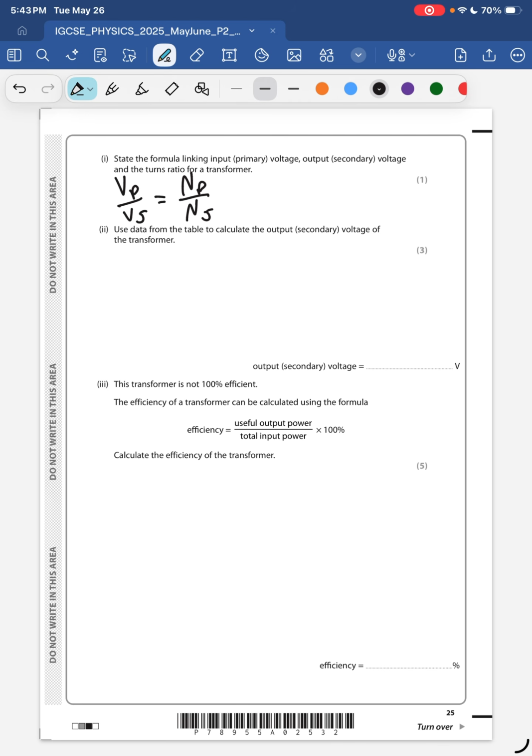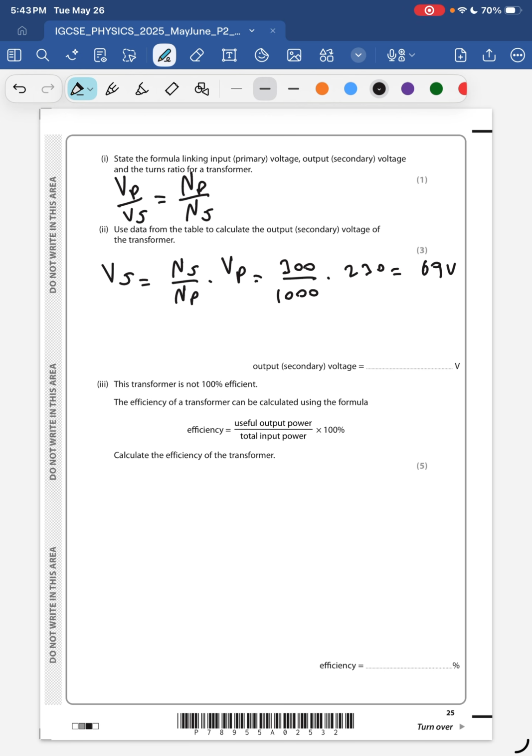Question 2, use data from the table to calculate the output secondary voltage of the transformer. So V secondary is N secondary over N primary times V primary. Now you have to trust me because I read the table. 300 over 1000 times 230 yields 69 volts.